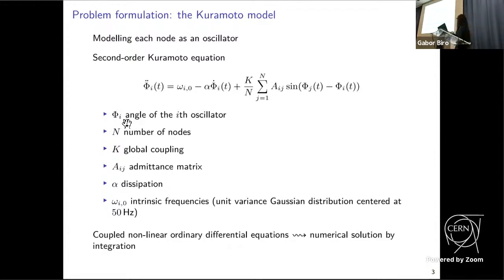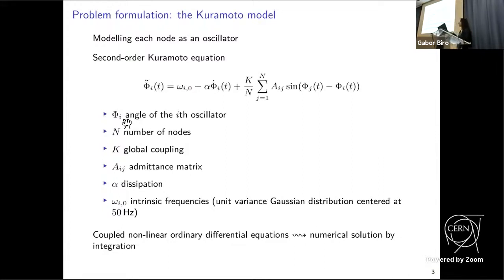And also you can see from the equation that each node's phase is mainly affected by the neighboring nodes' phases. So each node is only affected by neighboring nodes. The A matrix is the admittance matrix, which is just a fancy word for adjacency matrix, essentially.